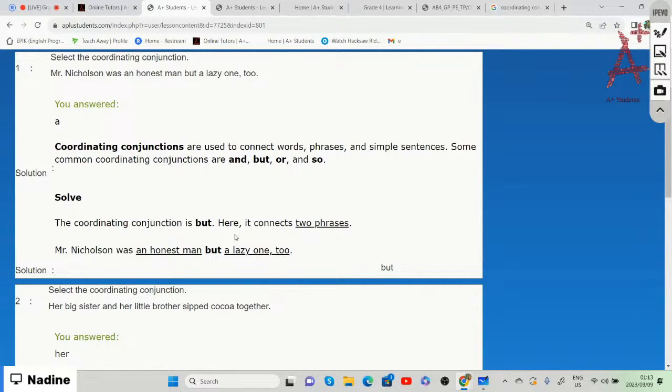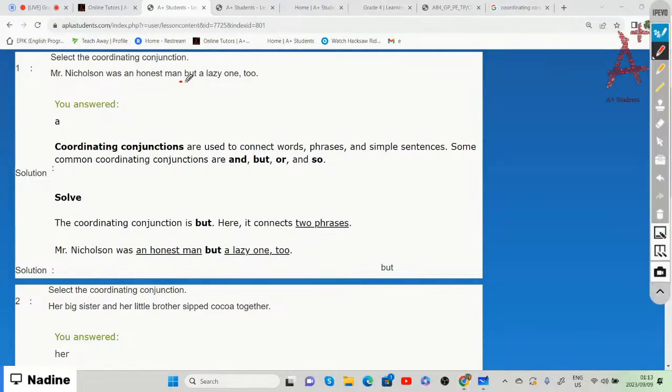So if we look at the word but, so but is our coordinating conjunction and connects the two parts.